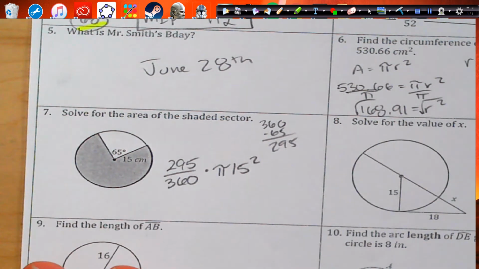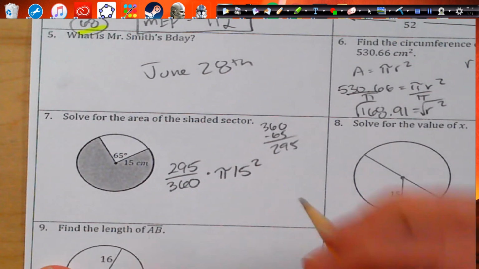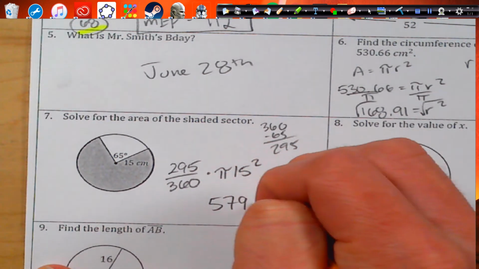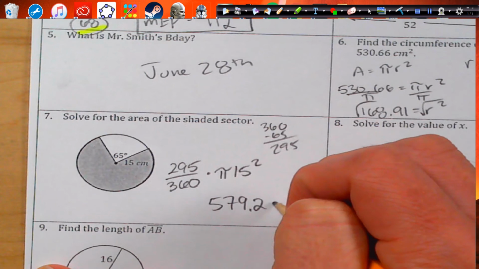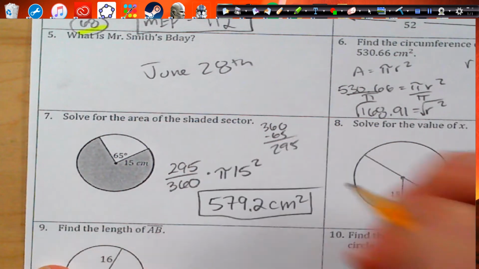And all we have to do is plug that in our calculator. 15 squared is 225 times 295 divided by 360. And then you get 184.3, but I'm just going to multiply everything by pi, and we should come up with 579.2 as our square centimeters answer.